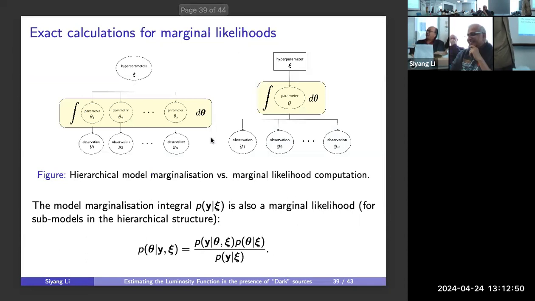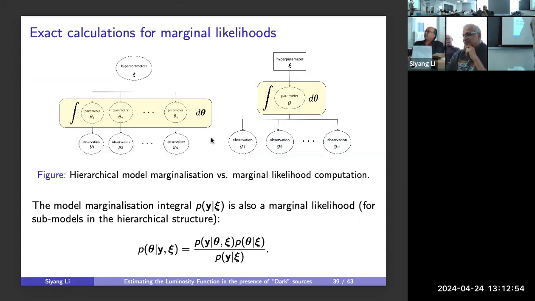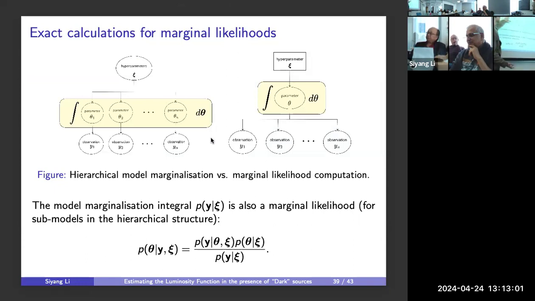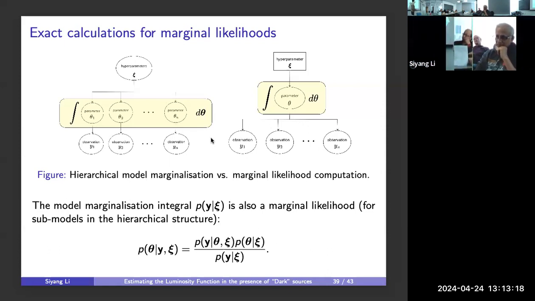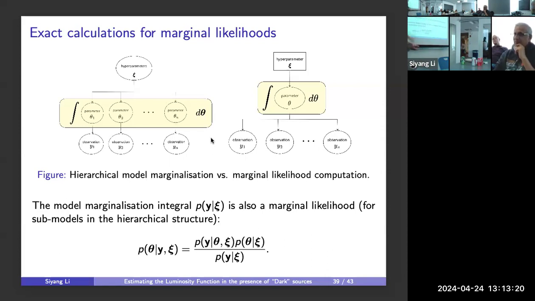Okay, and these results can also be generalized to calculations for the marginal likelihoods, because here we are just marginalizing out the population of parameters, and each parameter corresponds to one observation. On the other hand, the calculation for marginal likelihoods has a very similar structure, where we just integrate out a single parameter, and one parameter corresponds to lots of observations.